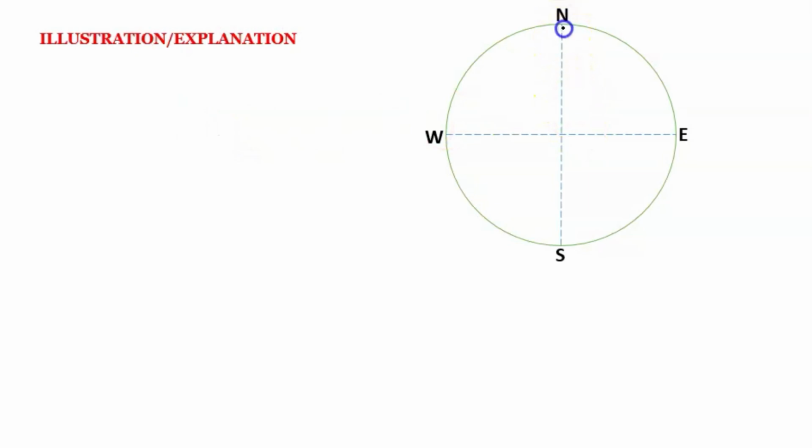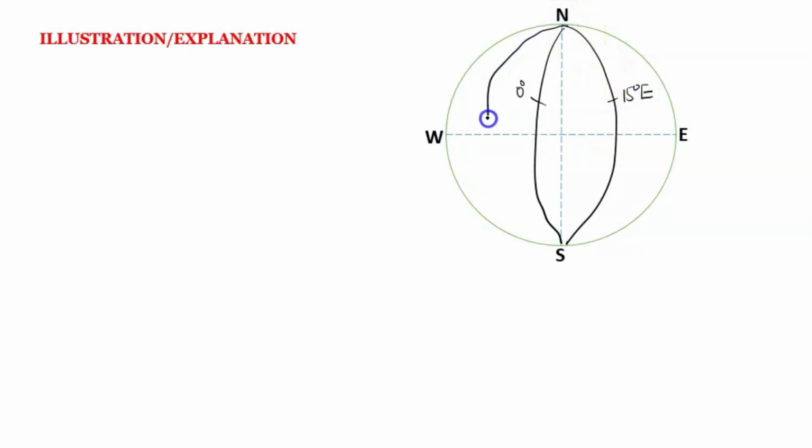We have our prime meridian, where London and Ghana have 0 degrees. Now we also have Nigeria, which is on 15 degrees longitude to the east, and let's assume we have another place which is 15 degrees to the west.